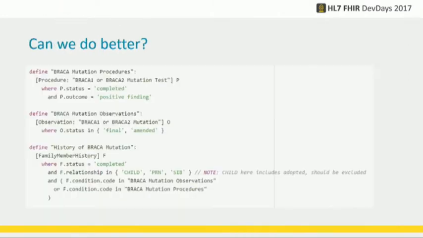So one of the questions that we looked at on this HEDIS measure as we were going through it is, can we do better? HEDIS measures are based on claims data, and one of the things we're trying to figure out is how can we use clinical data to improve the quality measures that we're using.